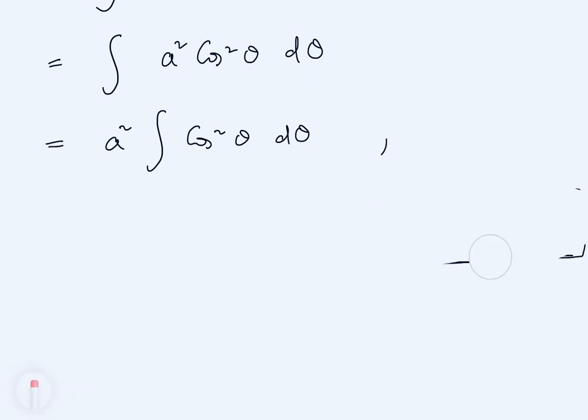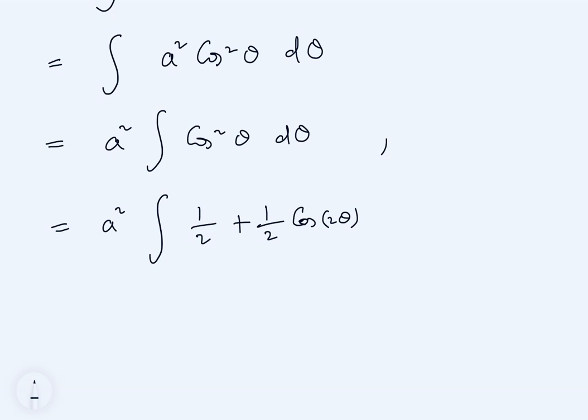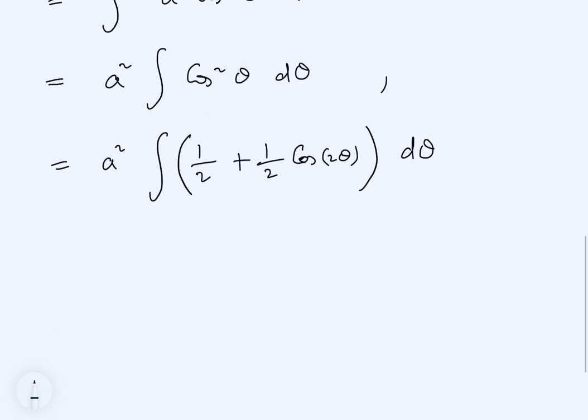So let's remove this now. We take that identity and substitute it into our integral. Now we have a squared multiplied by the integral of half plus half multiplied by cos of 2 theta. We put that in brackets and integrate with respect to theta.